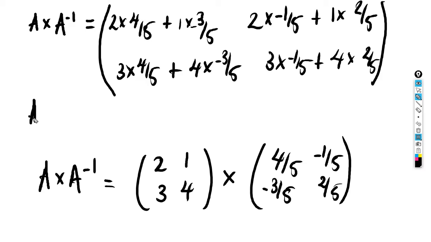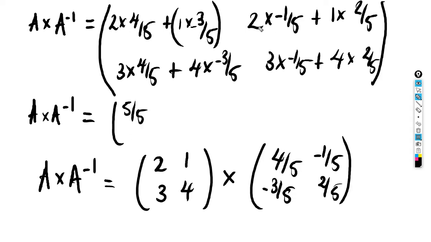Okay, so we should end up getting A times A inverse is equal to 2 times 4 over 5 is 8 over 5, plus negative 3 over 5, so you should get 5 over 5. This is negative 2 over 5 plus 2 over 5, which would give you 0.